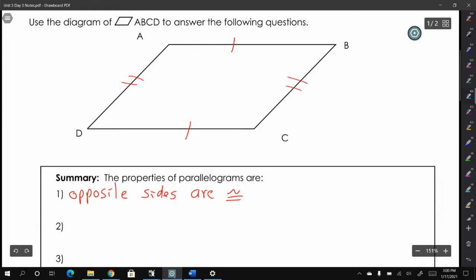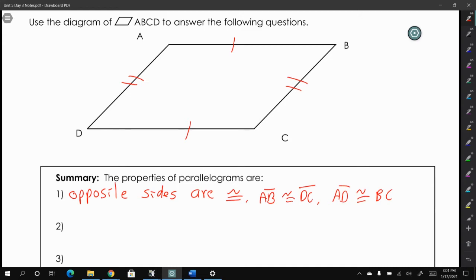So we could write that in here as well. AB is congruent to DC, and AD is congruent to BC. Now notice that they're not congruent to each other, that AB and AD are not necessarily congruent to each other.